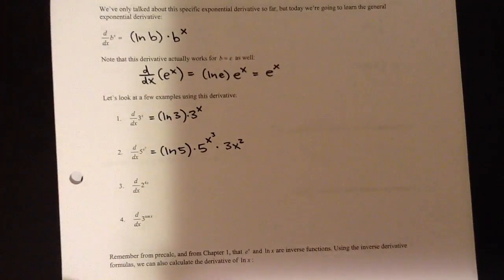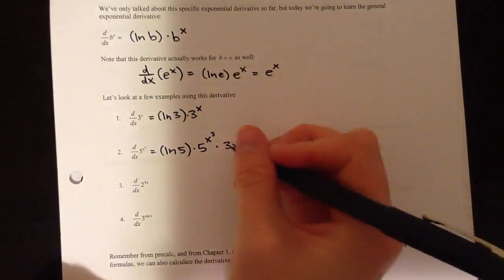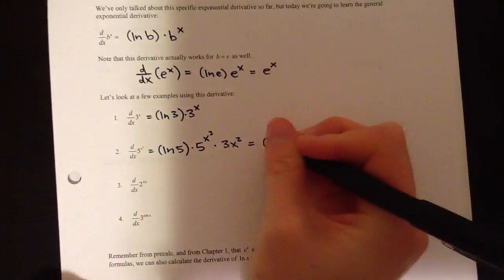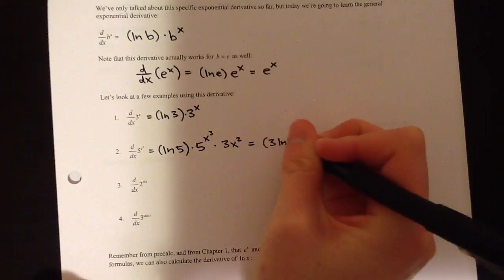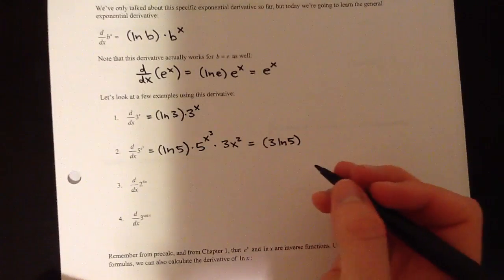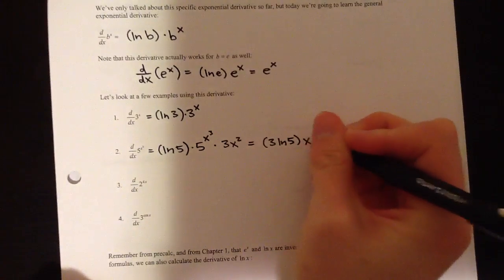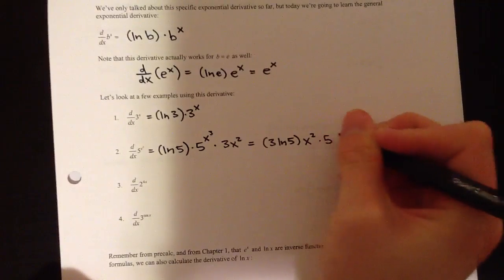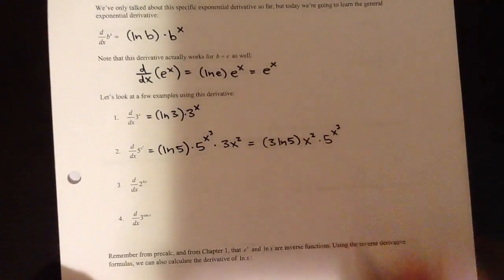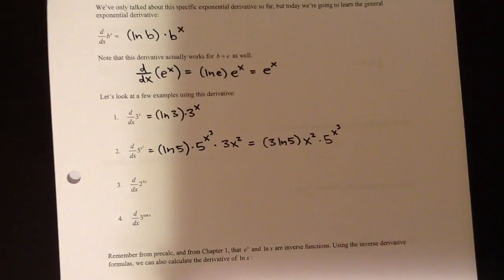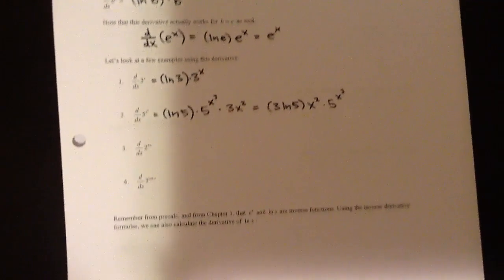All right, so I'm just going to clean that up a little bit. So 3 and the natural log of 5 end up being our coefficient. It's an ugly coefficient in front of an x squared, and then times the exponential function. Since I love to simplify, this is painful for me to look at, but unfortunately it is the most simplified I can make this expression.